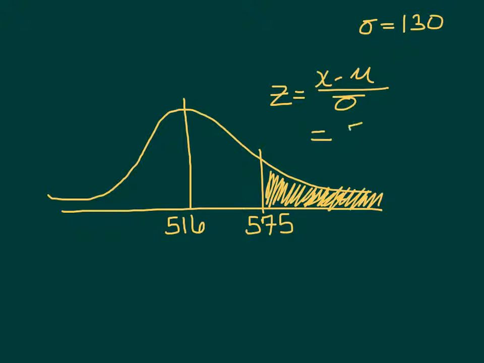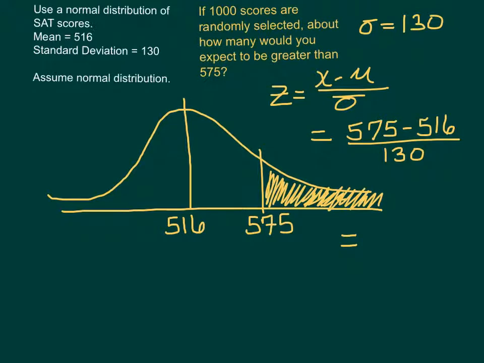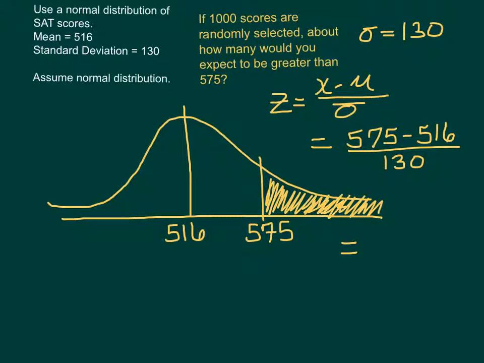So that's going to be 575 minus the mean of 516, divided by my standard deviation of 130. So I'm going to have a z-score of 0.45.